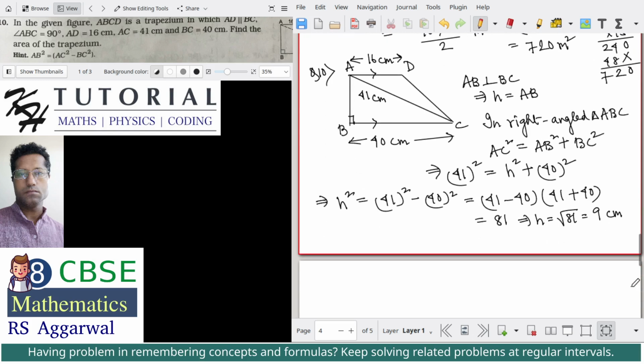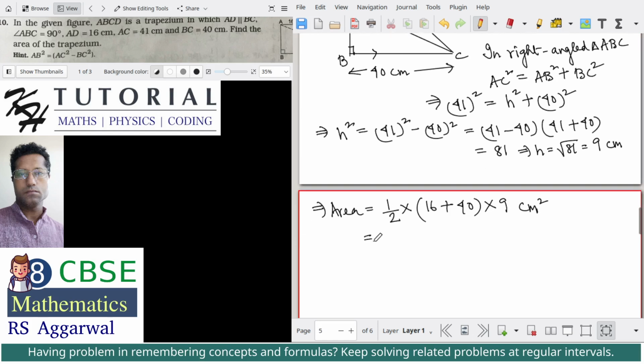So now we can easily find the area of the trapezium, as we already know the length of the parallel sides. So area is equal to half multiplied by the sum of the parallel sides, that is 16 plus 40, multiplied by the height, which is 9, this much centimeter square.